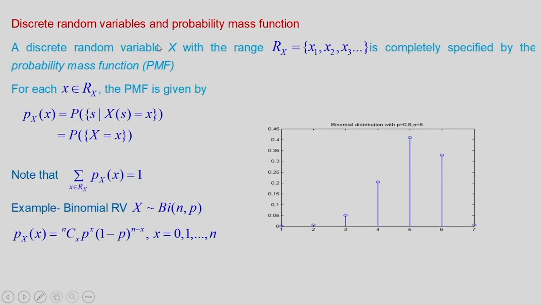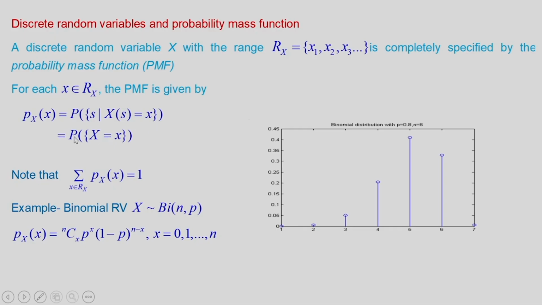We may have simpler descriptions. For example, in the case of discrete random variables, we have the probability mass function. A discrete random variable X, because discrete means its range comprises only discrete points, is completely specified by the probability mass function. What is the probability mass function? We use the symbol small px of x, that is equal to the probability of those s such that X(s) is equal to small x.